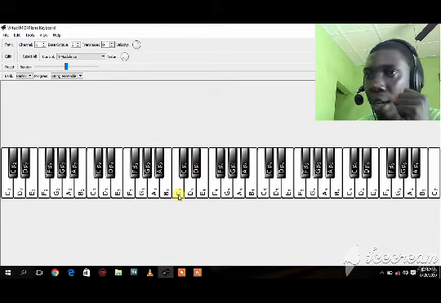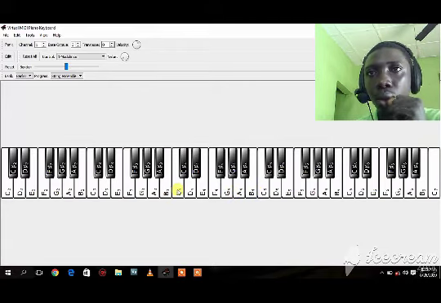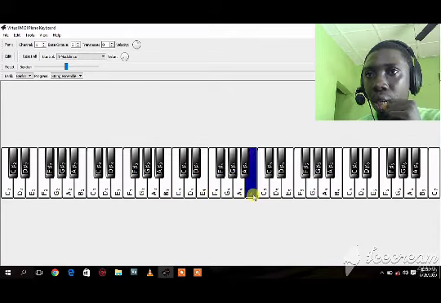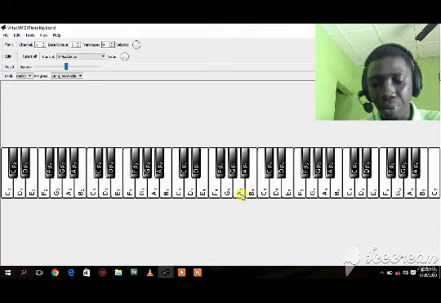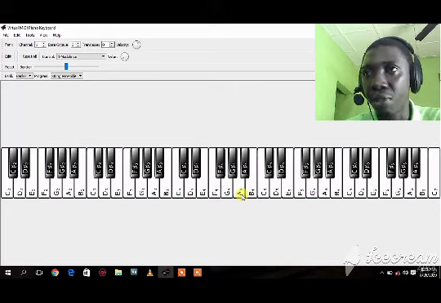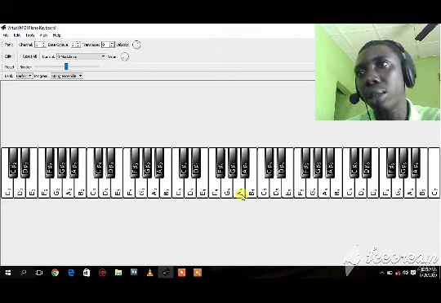So you are going to have Do, Re, Mi, Fa, Sol, La, Ti, corresponding to C, D, E, F, G, A, and B. So we have 7 solfas that make up the Ionian mode: Do, Re, Mi, Fa, Sol, La, Ti.